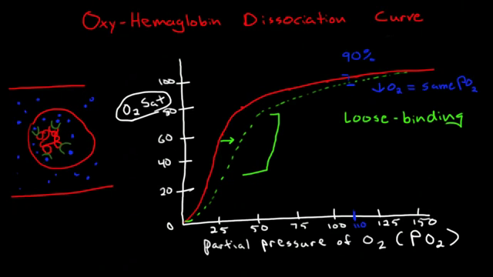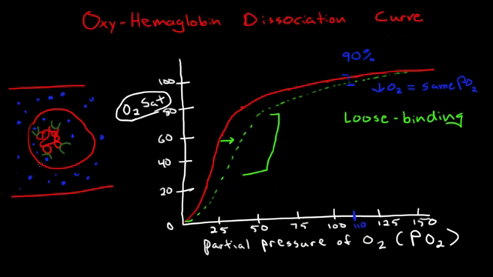So what's happening here in the bloodstream? Well, say we have here our normal PO2 of 110 or so. What would happen is, because these receptors are looser and have a lower affinity for oxygen, they're going to be less likely to have binding with oxygen.